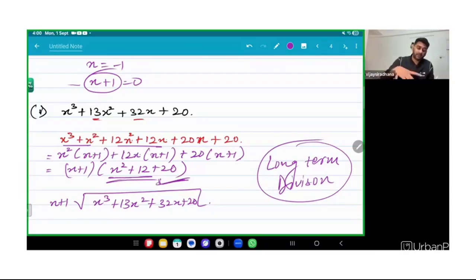Keep me posted and comment on my profile whether you got this or not. Now, coming back, we have x square plus 12x plus 20.